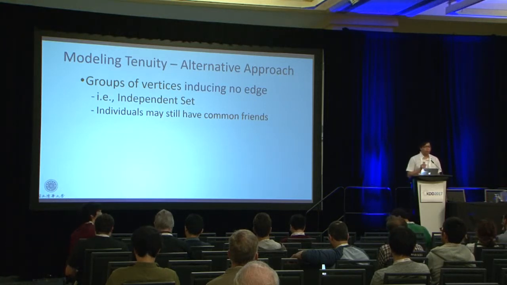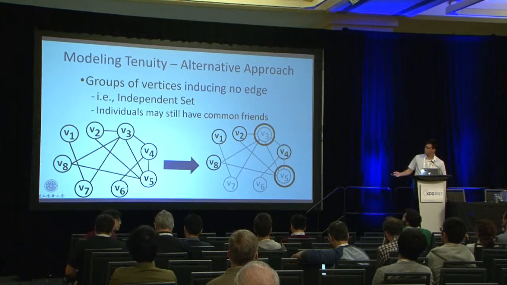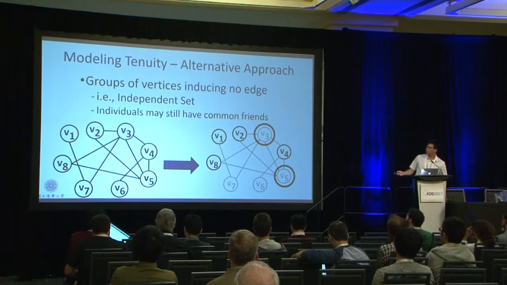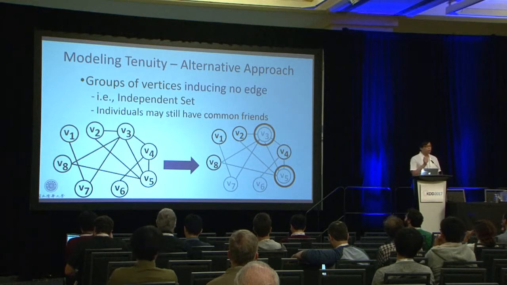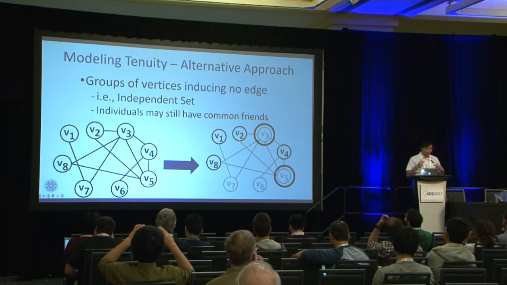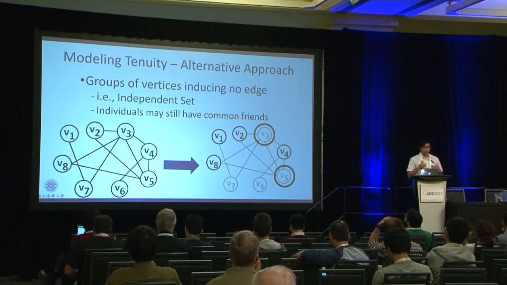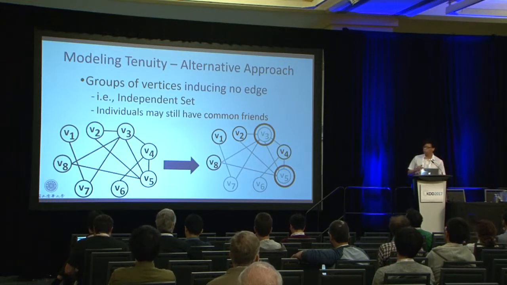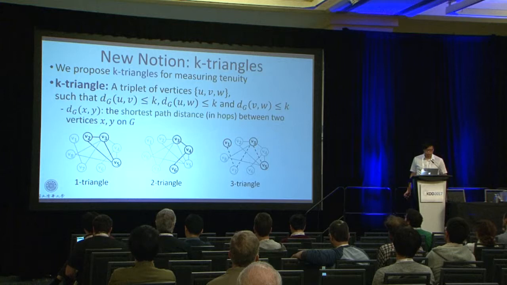However, this is not effective to capture the idea of tenuity. In this example again, although V1, V2, V4, and V8 form an independent set, they still have common friends, and they might have interactions to some degree. So this is not a good choice.